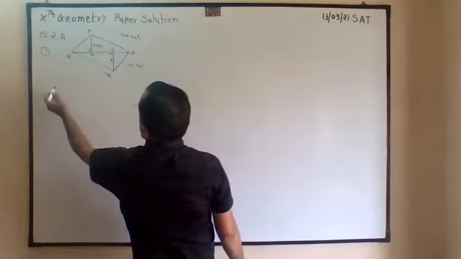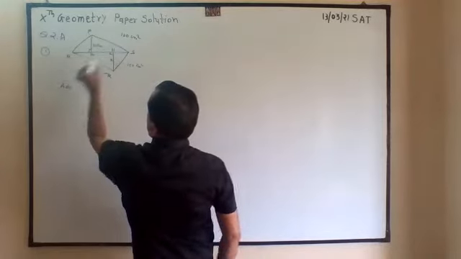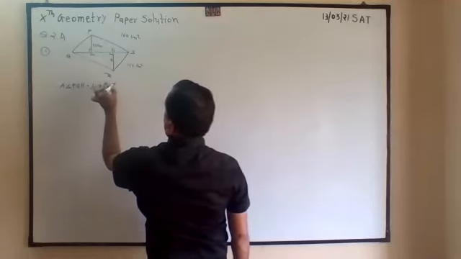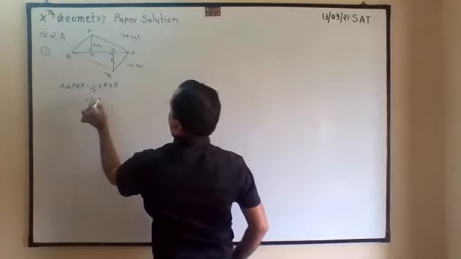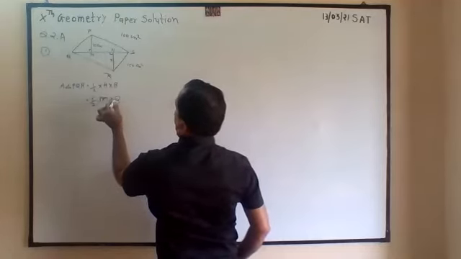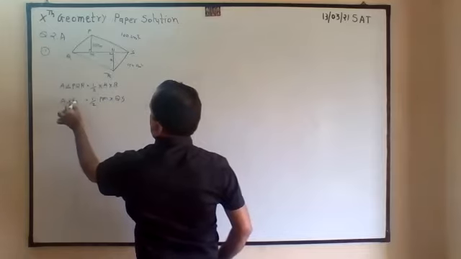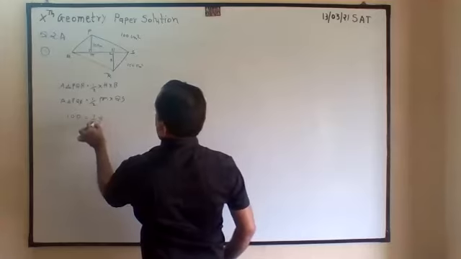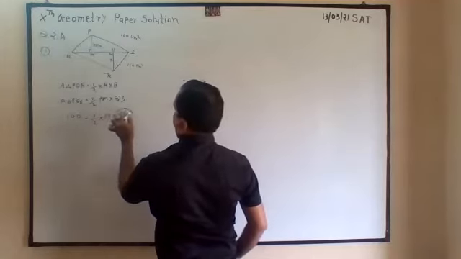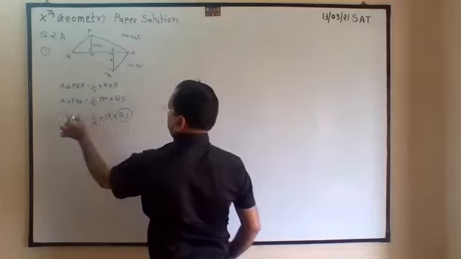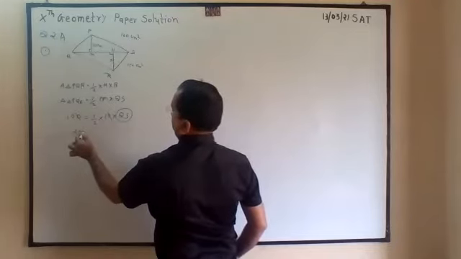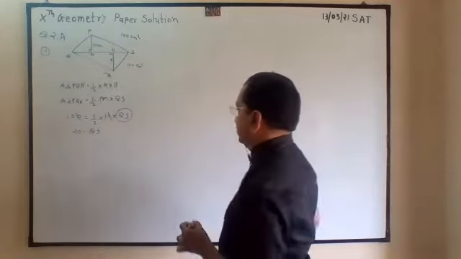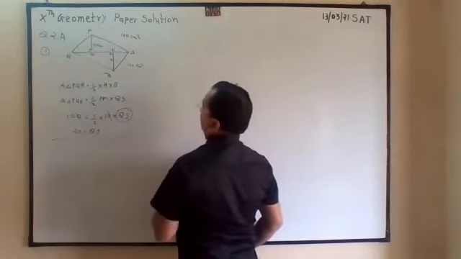So area of triangle PQR is equal to half into height into base. Height is PM, base is QS, and the area of triangle PQR is 100 centimeter square. Height is given as 10, QS not given. So you can cancel 0, 0, and this is 20 QS.